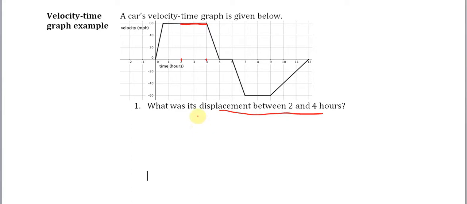So you have the velocity here of 60 miles per hour, and the car's been moving for 2 hours, so its displacement is 120 miles. In other words, it's traveled 120 miles farther away from its original position, or its position at 2 hours.